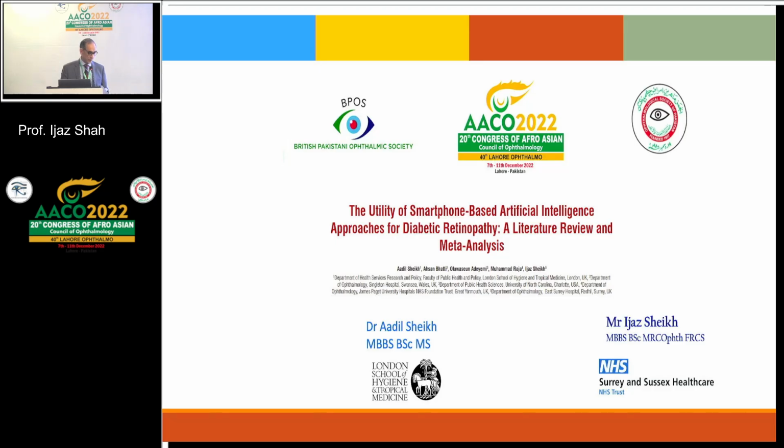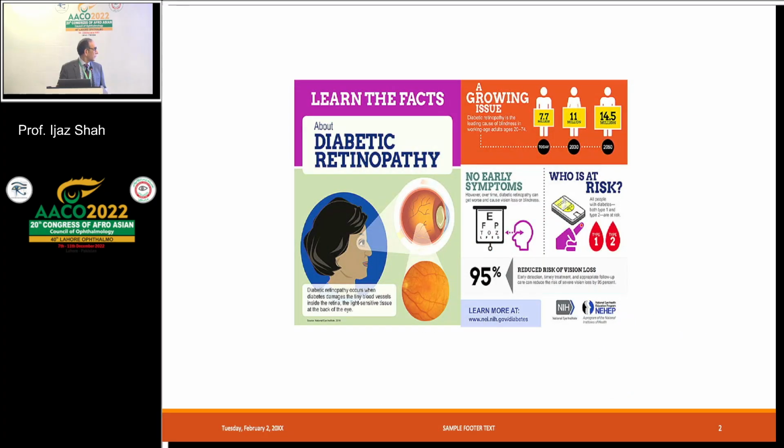It's time consuming, but at least we are moving in a direction which will help us develop our own system in Pakistan. We know diabetic retinopathy is increasing. There are a lot of issues in how we can manage these people, because early detection, timely treatment, and appropriate follow-up is the situation we need to tackle.